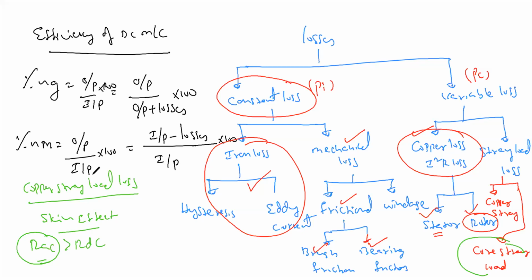Since alternating current is flowing inside the armature of DC machine, its effective resistance RAC is more than RDC. Hence, losses are more.